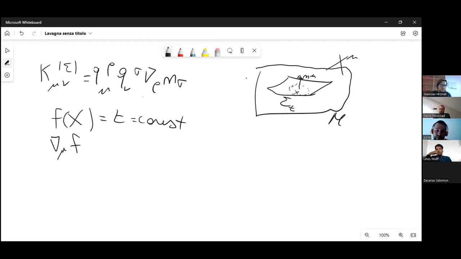So we can write the normal vector n mu in terms of the other function f as a coefficient, a function depending on the space-time coordinates, capital F. In total, we can write this normal vector in this way.